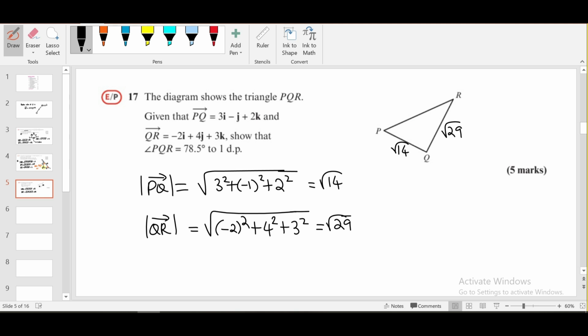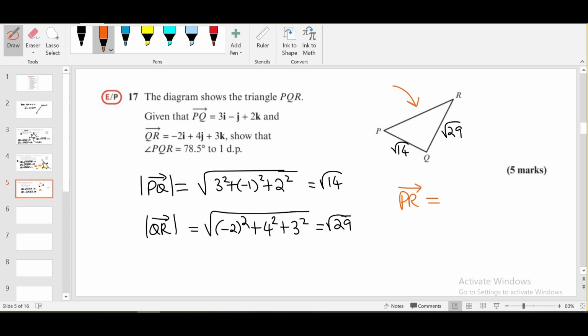Correct? Yeah. How do you find the vector or the line PR? Can you tell me? How do you find the PR vector? That's the first thing we learned in this chapter, right?